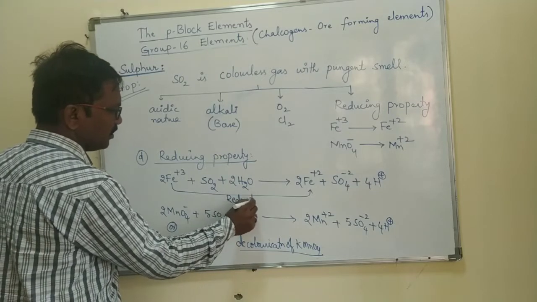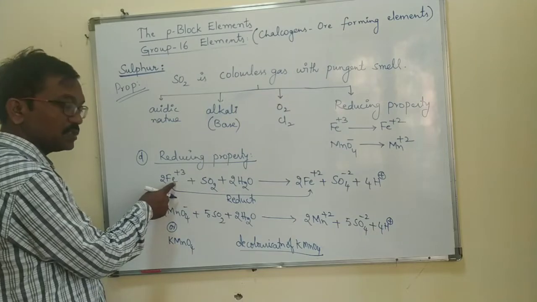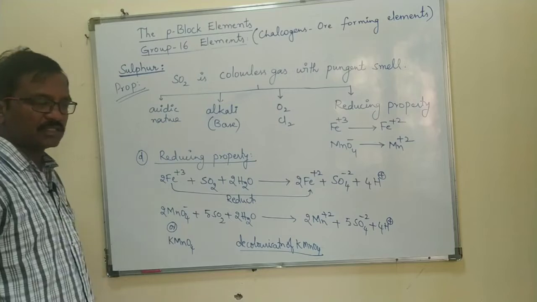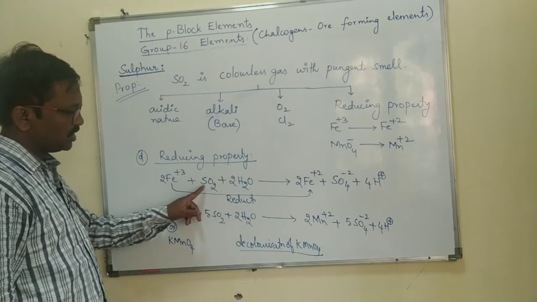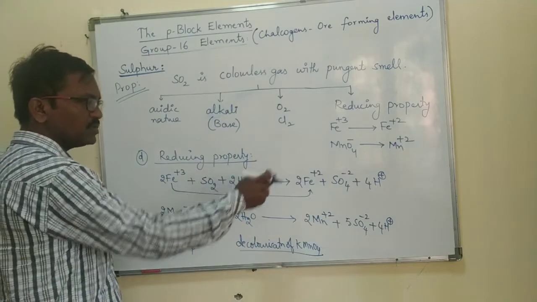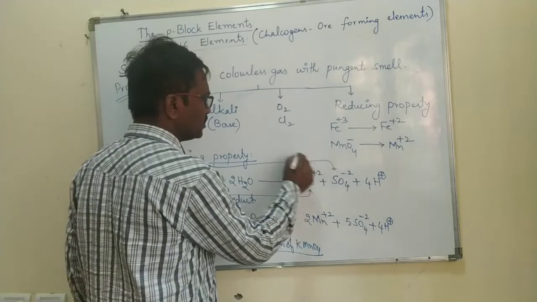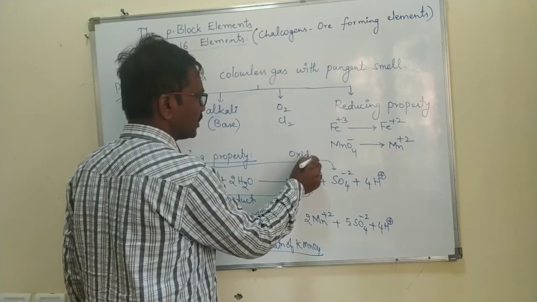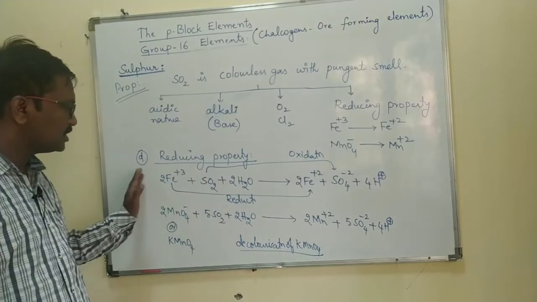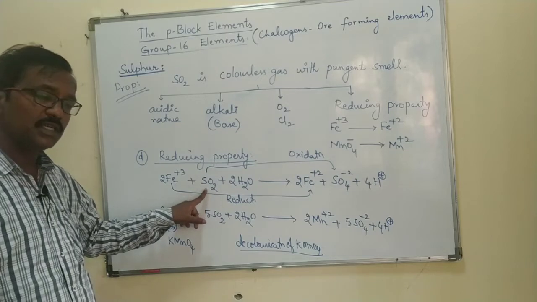So sulfur dioxide is reducing the other substance, while itself undergoing oxidation. So sulfur dioxide reduces Fe plus 3 to Fe plus 2. That's why it is called a reducing agent.